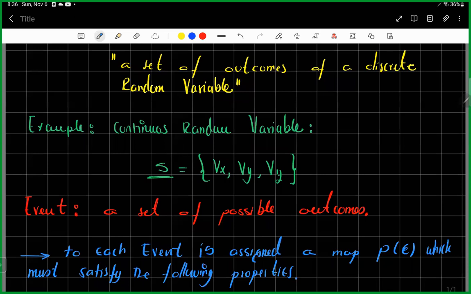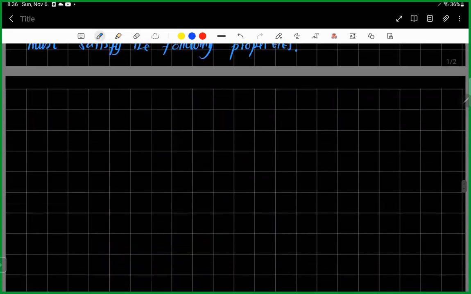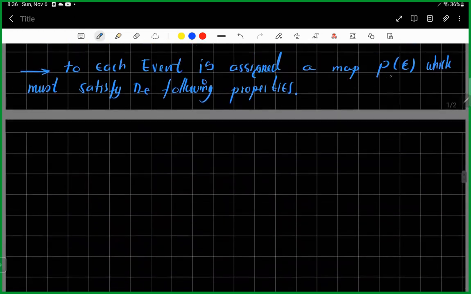Okay, so which properties must be satisfied by this function or map P of E?